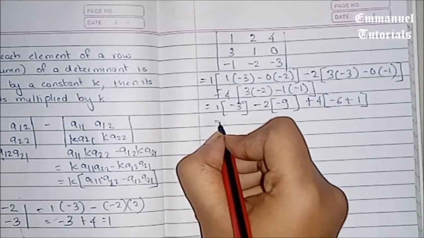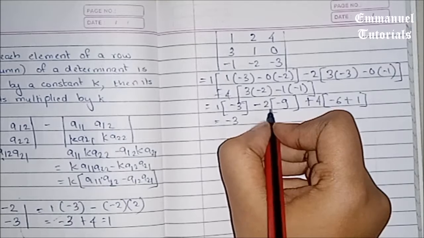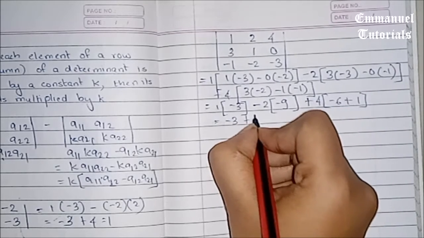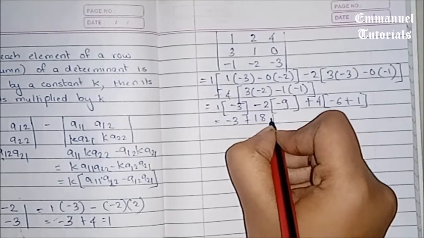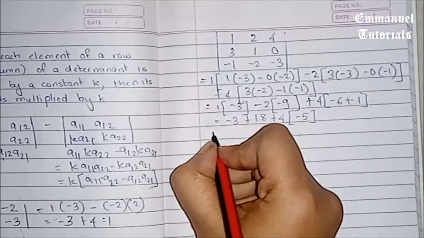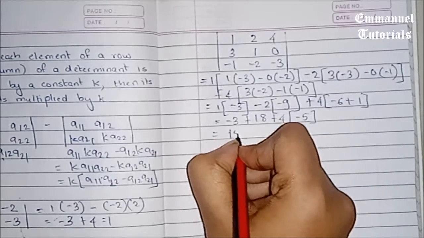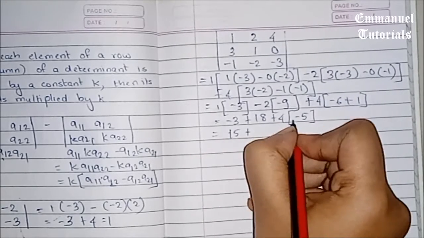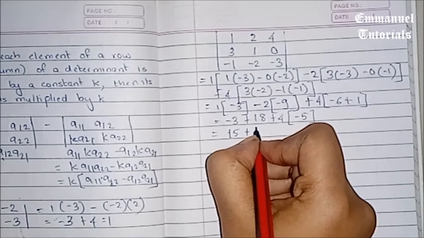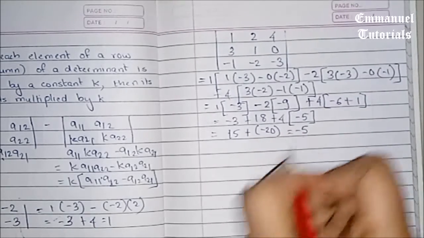Now this is equal to minus 3, minus 2 into minus 9 is plus 18, plus 4 into minus 5. This is equal to minus 3 plus 18 is 15, plus minus 20, which is minus 5.